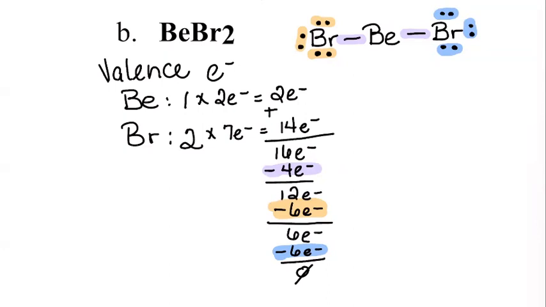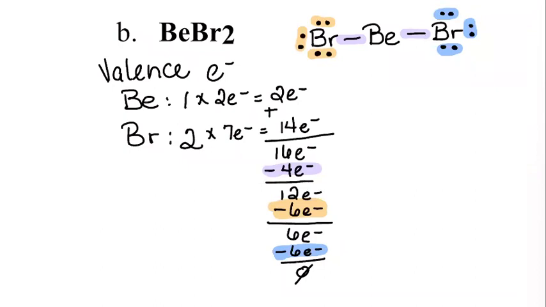For the purposes of this course, what you need to keep in mind is hydrogen doesn't want 8 electrons, boron doesn't want 8 electrons, beryllium doesn't want 8 electrons. Those are the only 3 exceptions that I'm introducing to you guys. Every other atom in the periodic table wants 8 electrons.